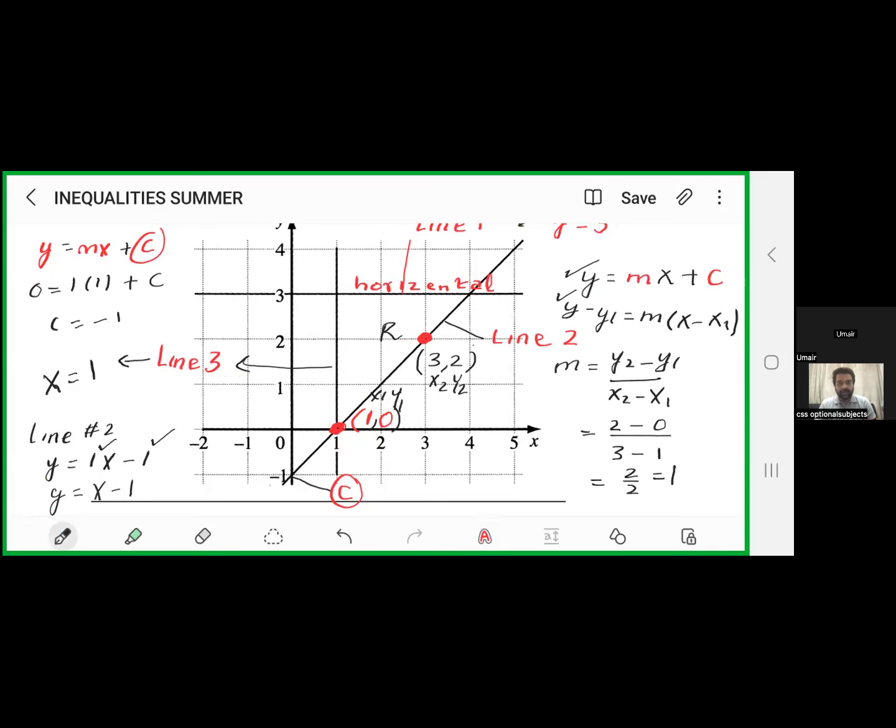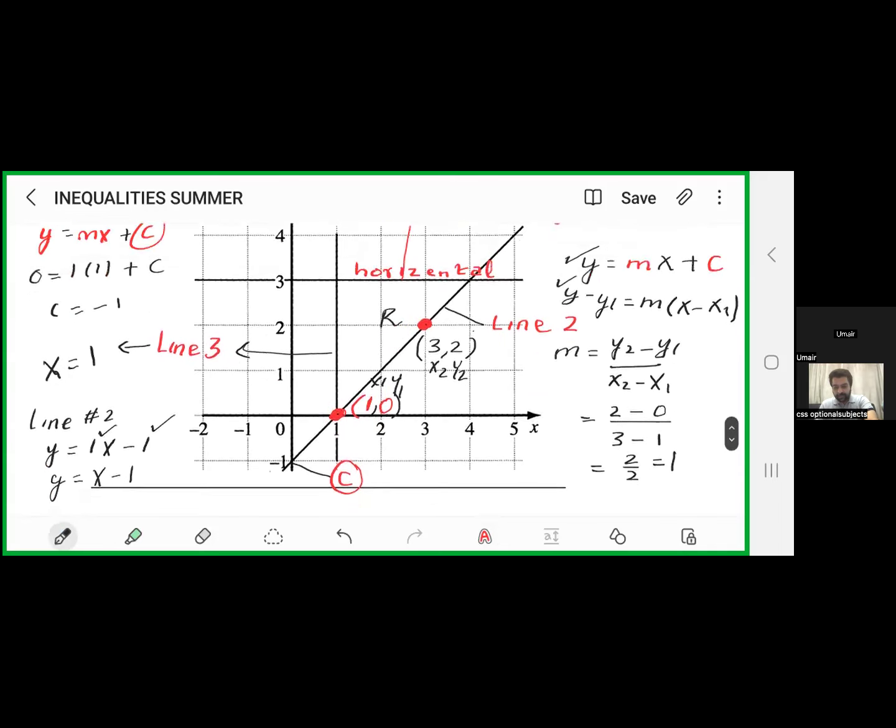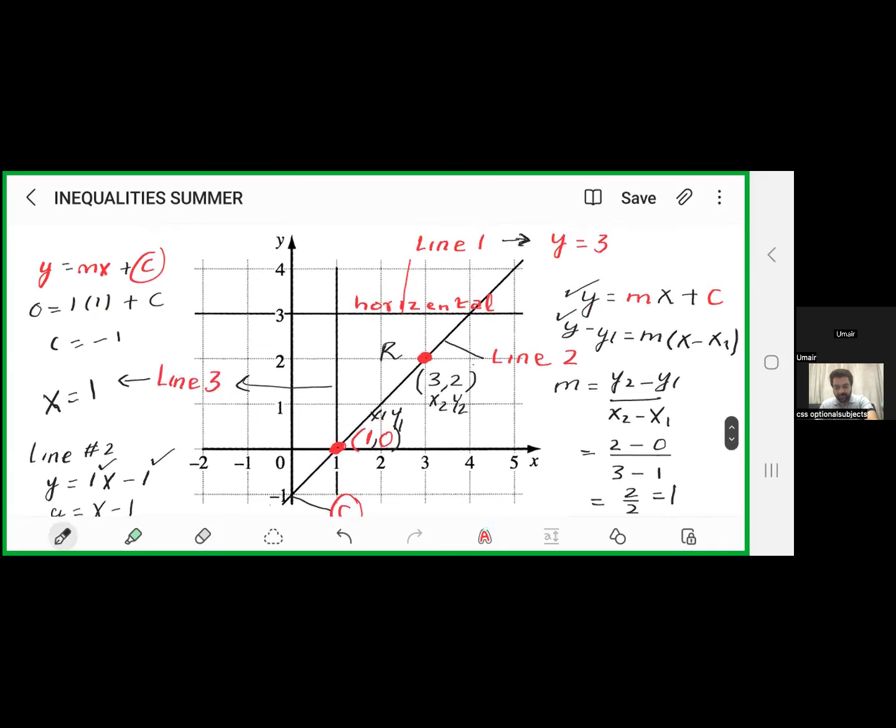Now, after finding out the equations, writing inequalities is the last step and the easiest one. We have 3 equations. Coming to line number 1, the equation is y is equal to 3. So on this line, y is equal to 3. However, your region is below this line. In your region, the value of y is less than 3.